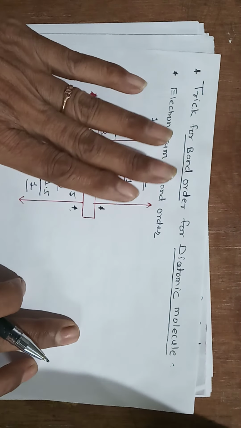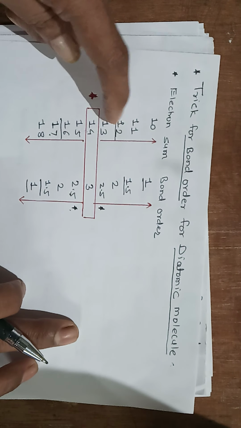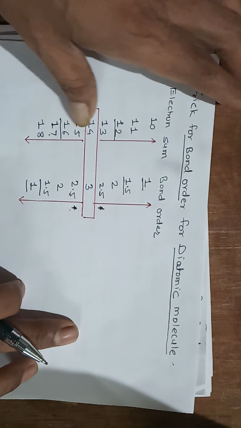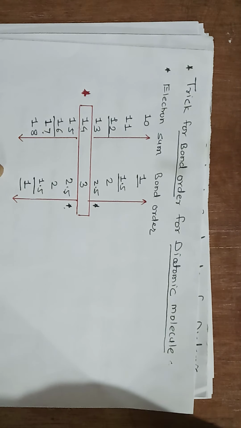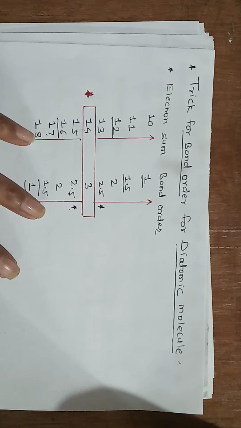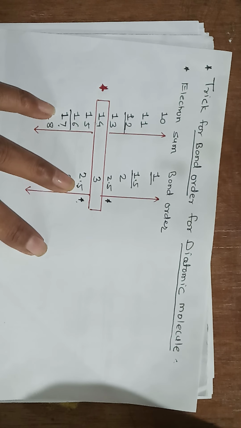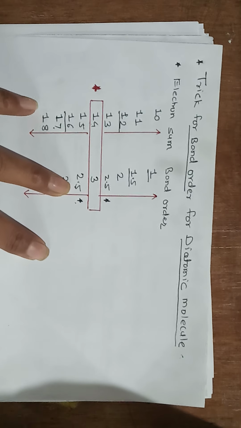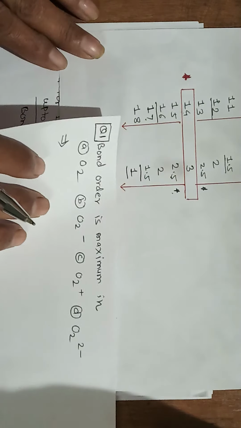Once you remember this chart, by plus 1, plus 2, plus 3, plus 4 of the electron sum, it is possible for you to solve the numericals very quickly. So let us discuss the first question from your CET exam.